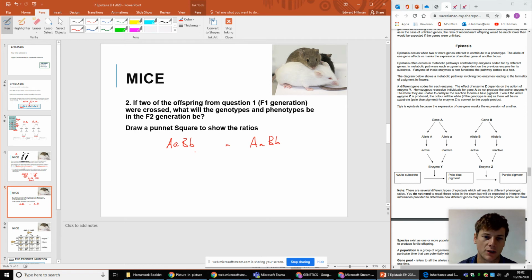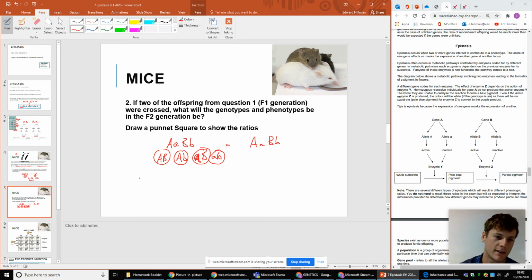Because they're heterozygous for two genes, there are 4 possible gametes: big A, big B; big A, little b; little a, big B; and little a, little b. In those circles to show their gametes, and it will be the same for the other parent.